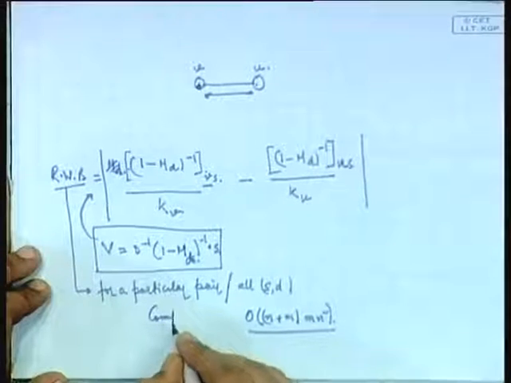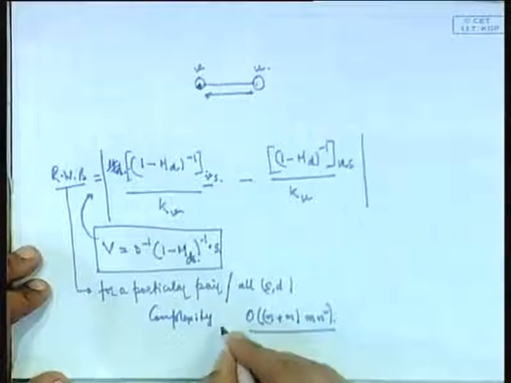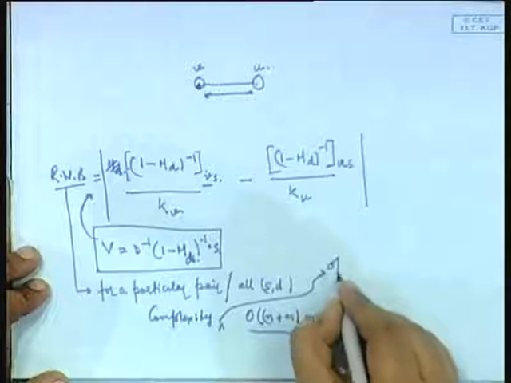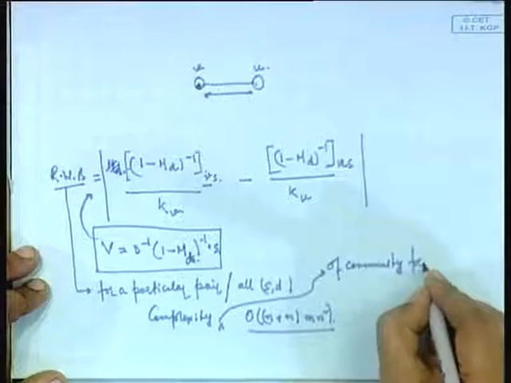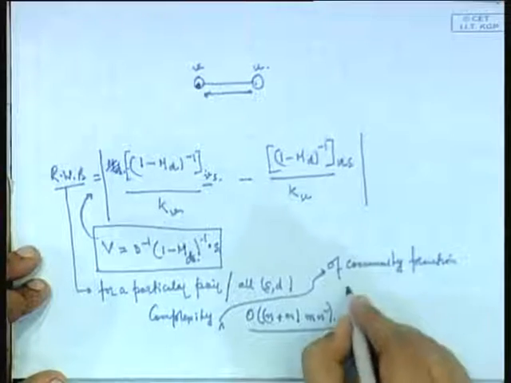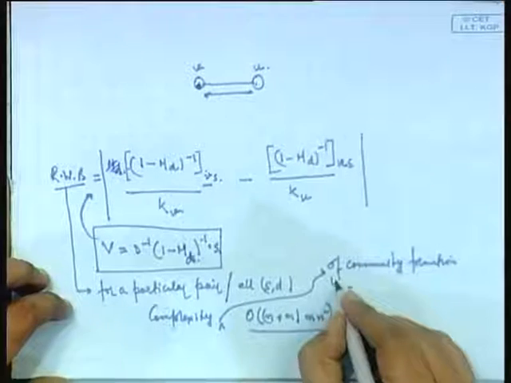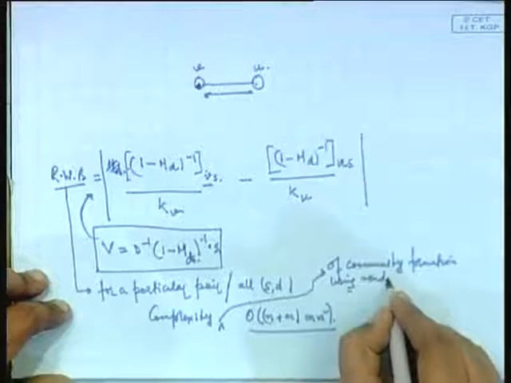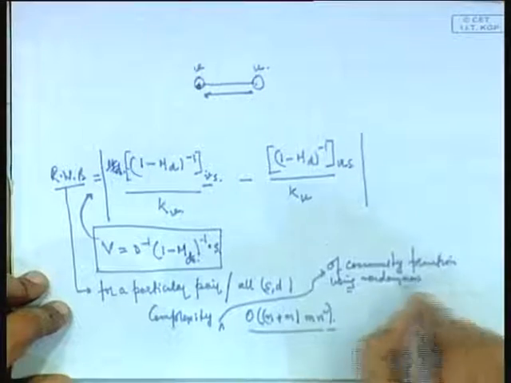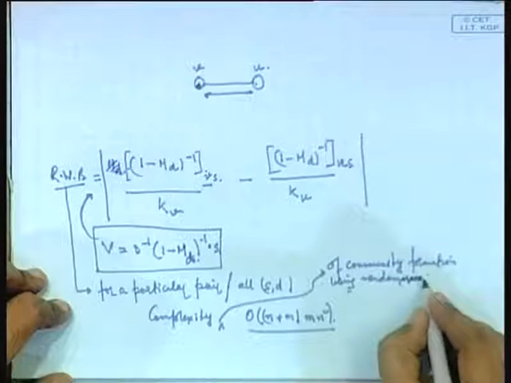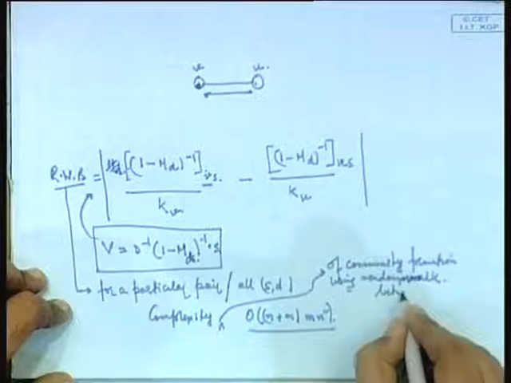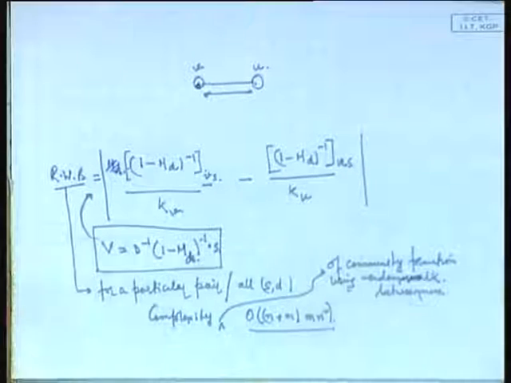So, complexity of community formation using random walk betweenness. Okay. So, the basic concept is clear. Any question?